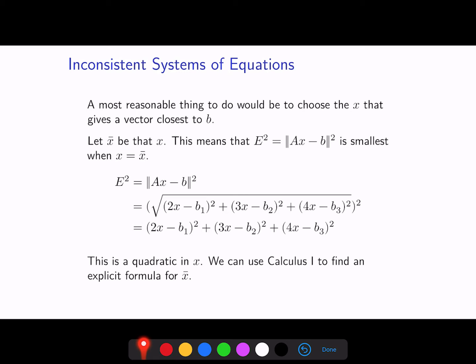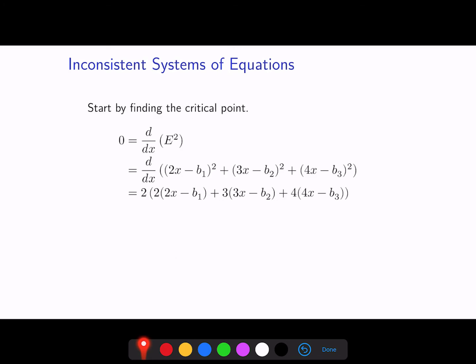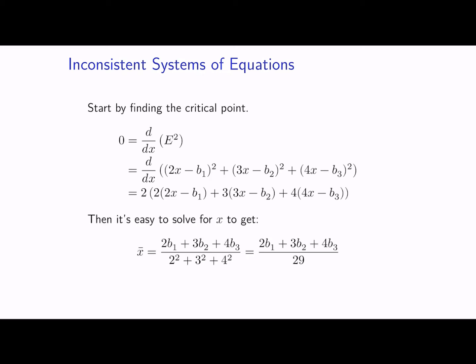Positive leading coefficient, so its graph is a parabola opening upward, so we know it has a minimum. And so we can use Calc 1 to find that minimum. Differentiate our error function, set it equal to 0, and solve. And so here's the derivative. Since the derivative is a linear function in x, it's easy to solve this equation, and there you go.